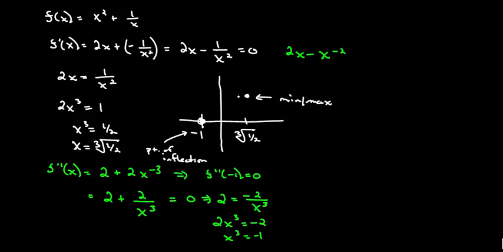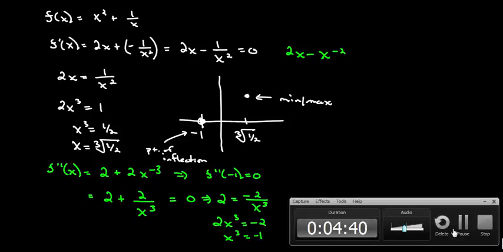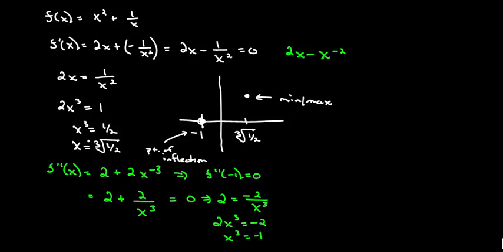So to determine whether this is a minimum or a maximum, I'm going to take this guy and plug it into the second derivative and see what I get. And when I take a positive number, like the third root of 1/2, and I plug it into here, it comes out to be positive. So since we get a positive value out, that means the second derivative here is positive, which means we must be going something like this.